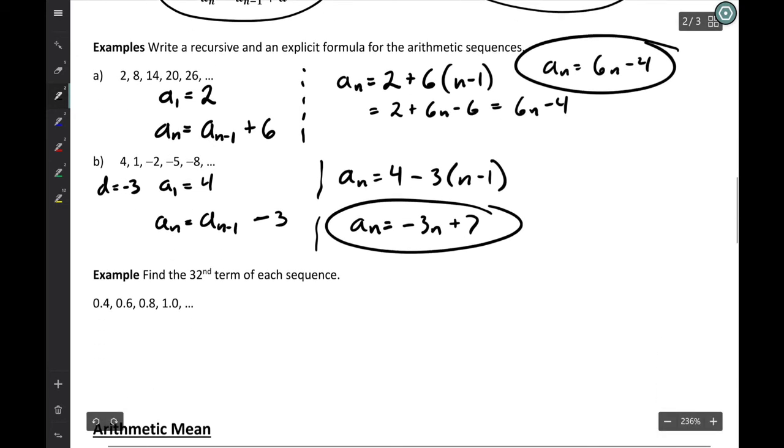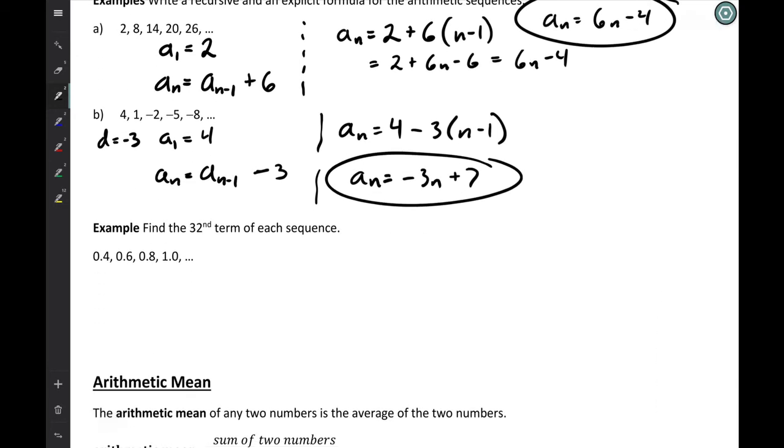Now, the reason why we talk about the explicit formula as opposed to the recursive formula, maybe a little bit more, is because it's just like what we've been doing in math for pretty much your entire mathematics career. You're given a function where you can plug in numbers. And that kind of helps us when we want to find a term in a sequence that we don't want to go through and write down all the terms that came before it to get to it.